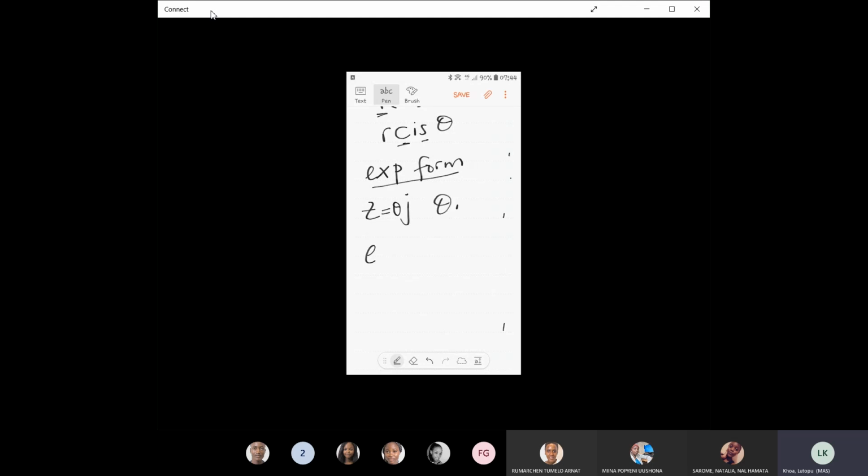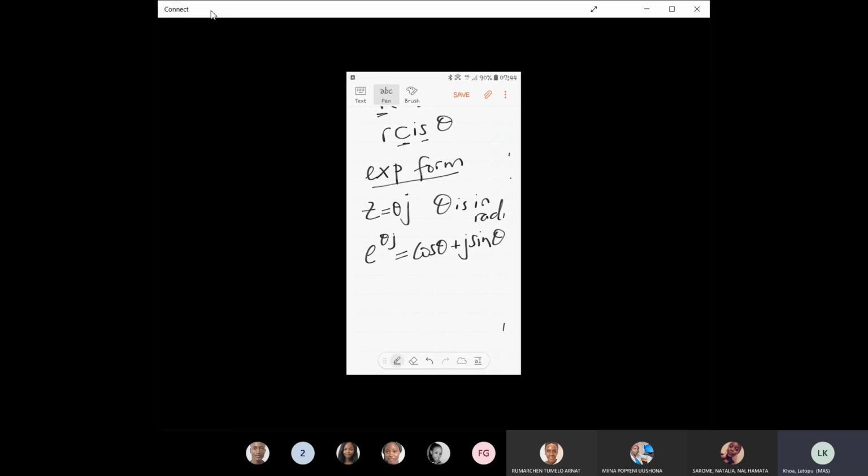So theta is measured in radians, and you know radians, we usually write them to 3 decimal places, and you can get any value of radians. So e to the power of theta j is actually equal to cos theta plus j sine theta.